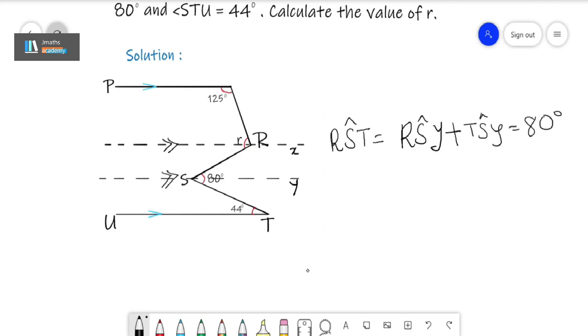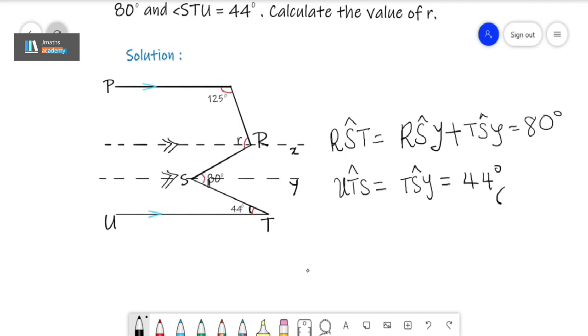Also on our diagram, if we look closely, you can see that 44 degrees is alternate to this angle here. So angle UTS is equal to angle TSY, which is equal to 44 degrees.